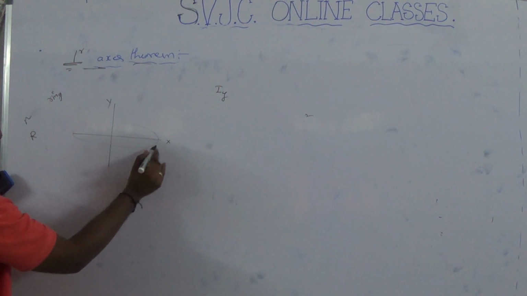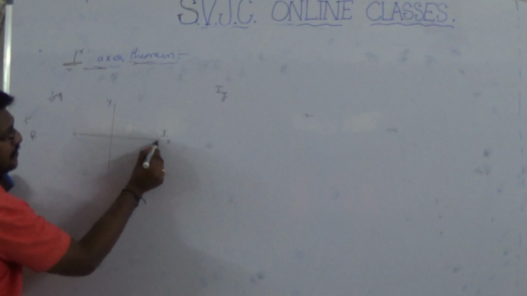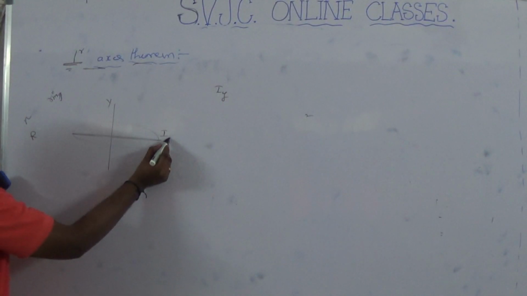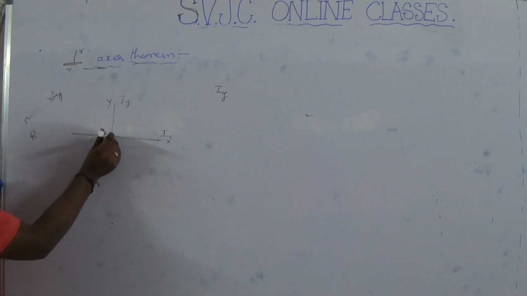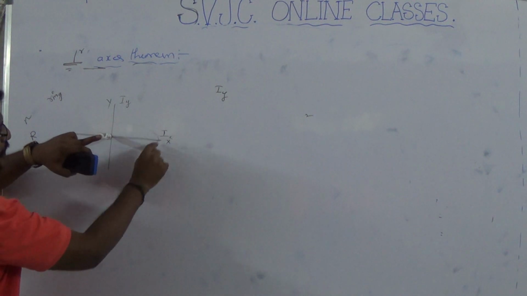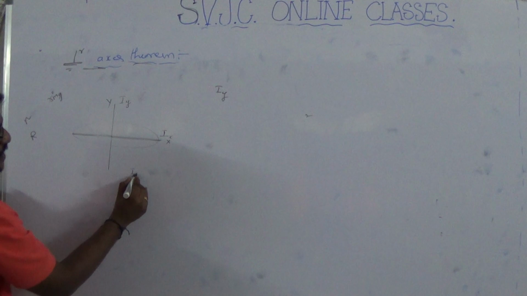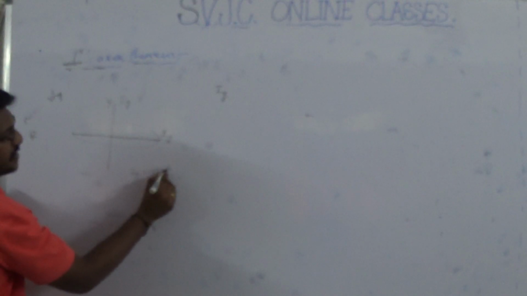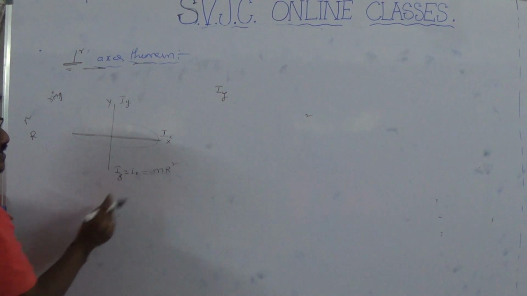X-axis, y-axis, two diameters. That means the moment of inertia of this ring with respect to this diameter is Ix, with respect to this diameter Iy, with respect to the z-axis Iz. But we know this value because this axis is perpendicular to this plane and also passing through the center of mass. We know that value I0 for a ring is m r square. Here Iz is nothing but I0.